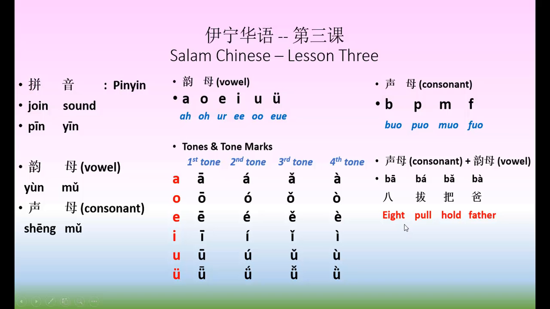This is not the same as in English. We can put consonant and vowel together, 声母 and 韵母 together. For example, we can put b and a together. B, a, ba, first tone, second tone, third tone, fourth tone. As we see, the meanings are totally different.